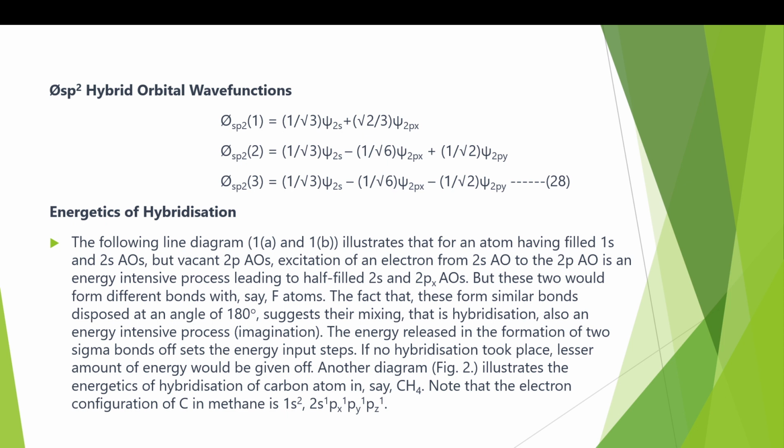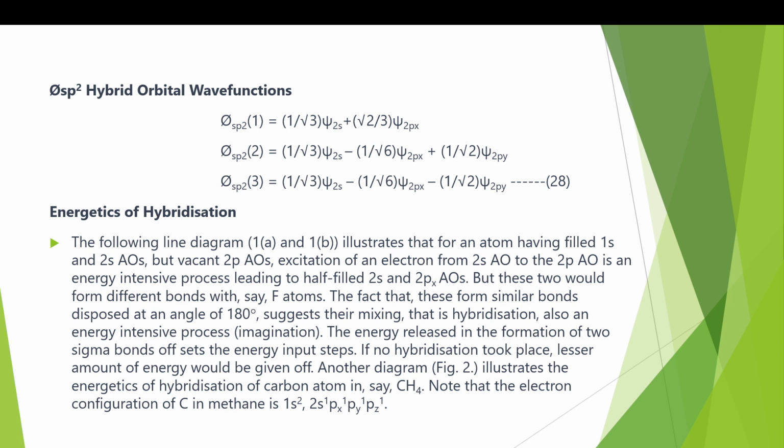Now we discuss a little bit about the energetics of hybridization process. The following line diagram 1A and 1B, figure 1, illustrates that for an atom having filled 1s and 2s atomic orbital but vacant 2p atomic orbital, excitation of an electron from 2s atomic orbital to 2p atomic orbital is an energy intensive process leading to half filled 2s and 2p orbitals.